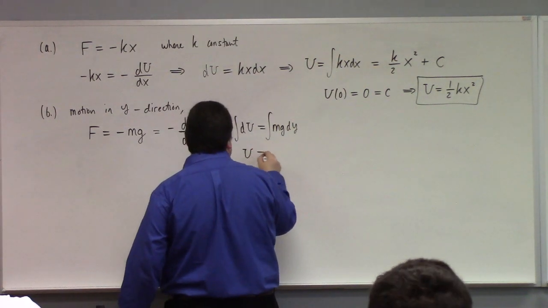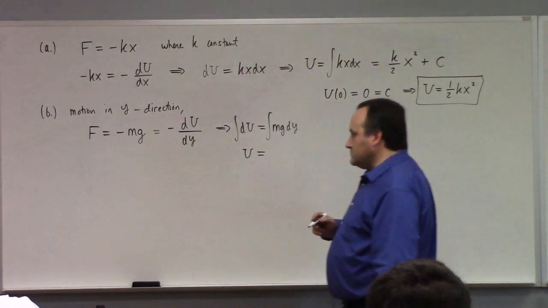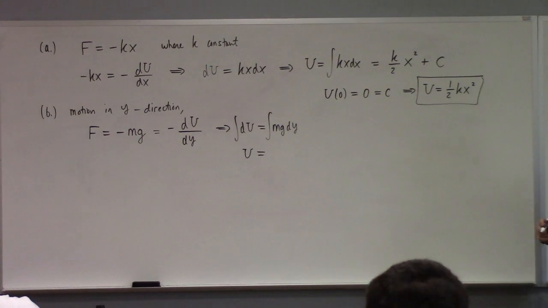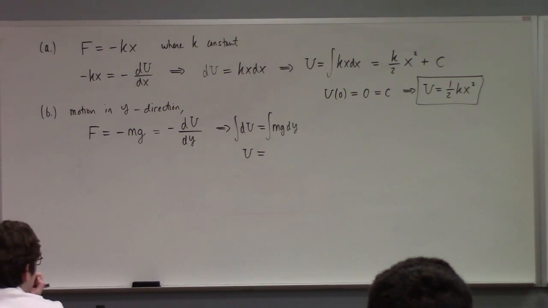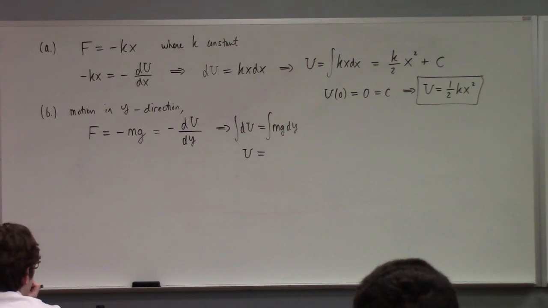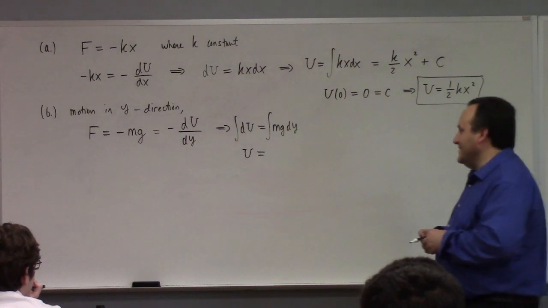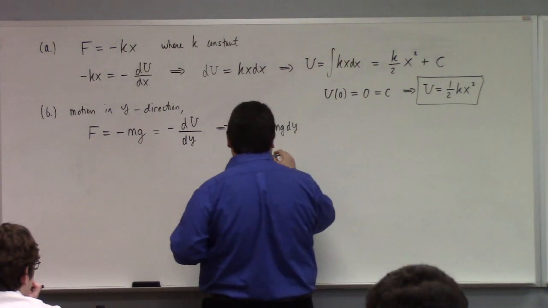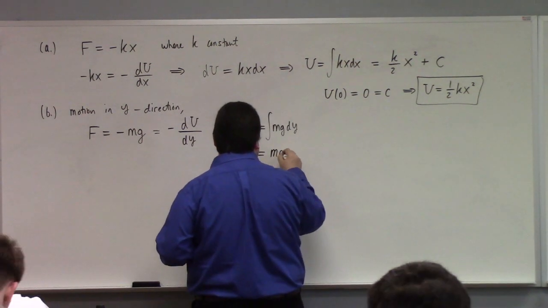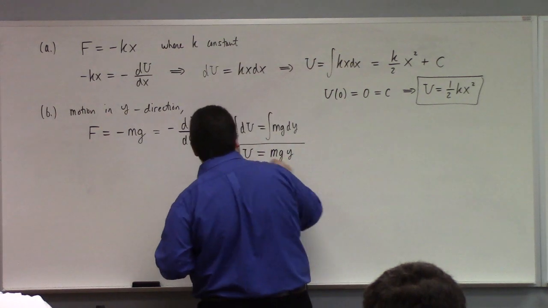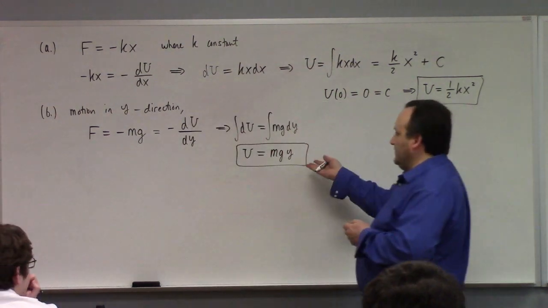U equals what? m and g are just constants here. So the integral of dy is? mgx is the right idea, but change the x to a y. mgy. There you go. That is the potential energy.